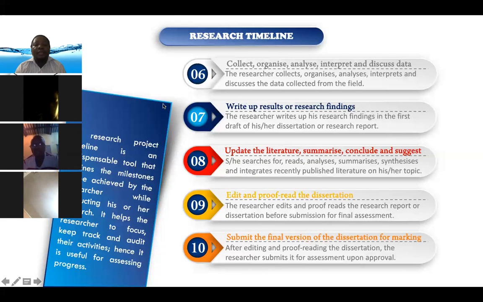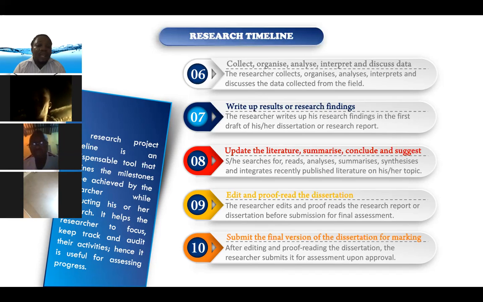Then you also collect, organize, analyze, interpret and discuss data. So this is the time where you need to go to the field and talk to people so that you get their opinions on the problem that you are researching or investigating. Then after that, you are happy with the information you collected from the field, you can write up your results or your research findings.